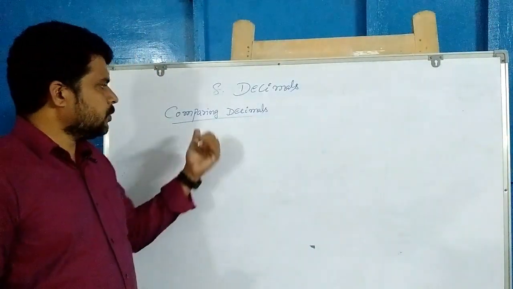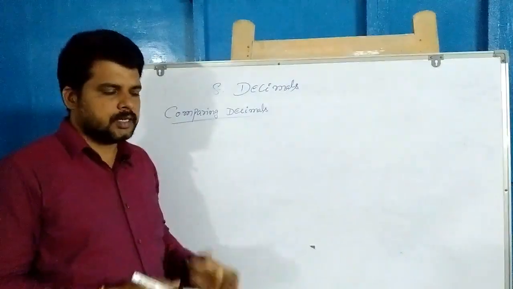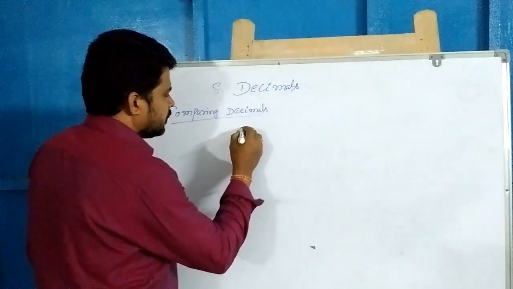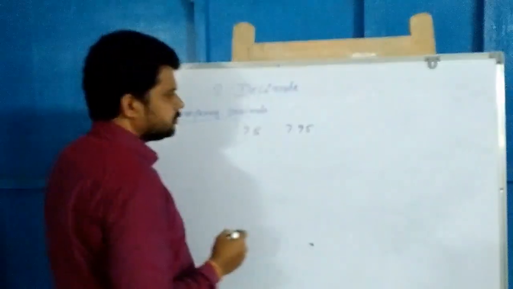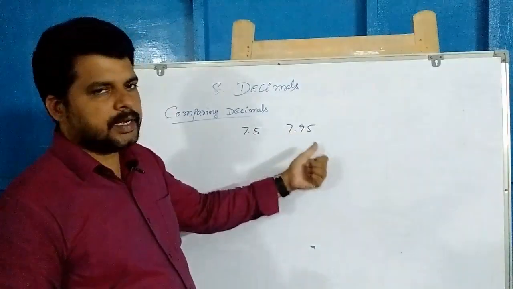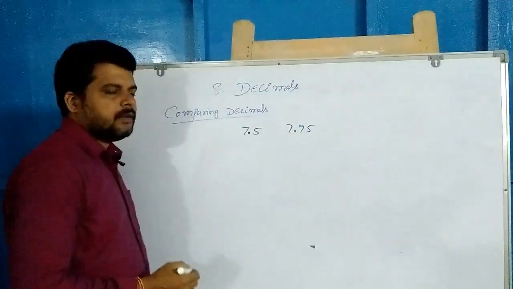So next topic is comparing decimals. How to compare two decimals? Which one is smaller, which one is bigger? For example, 7.5 and 7.95. How to compare decimal values?